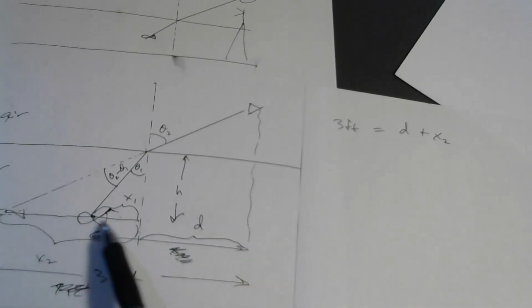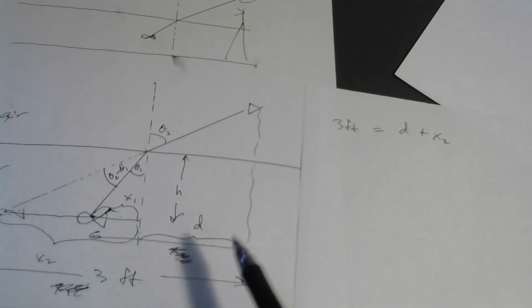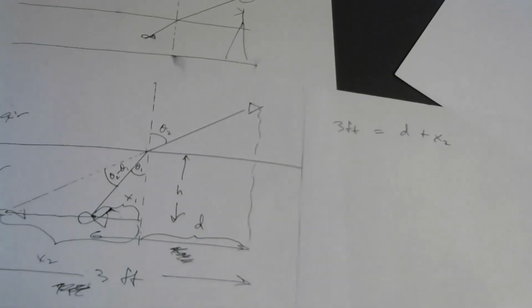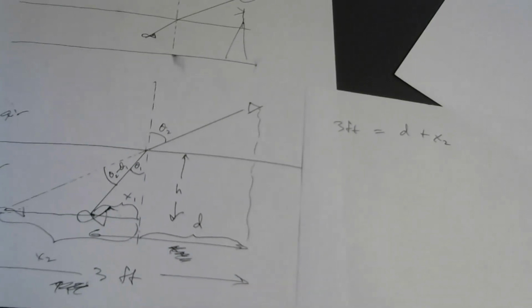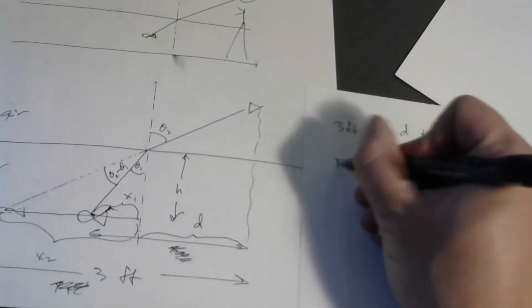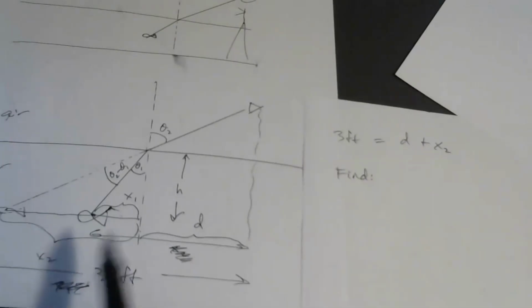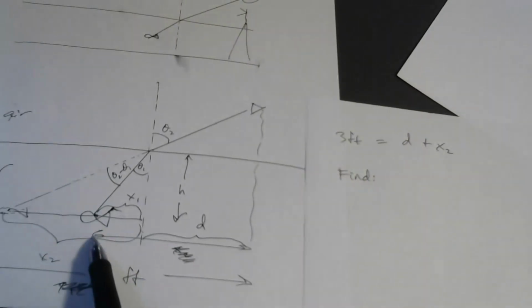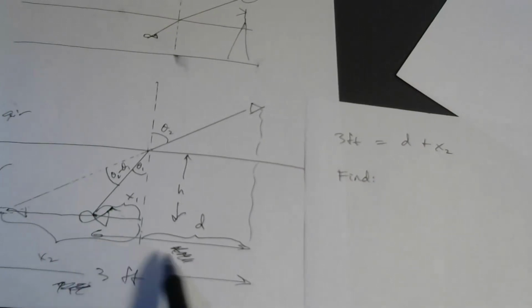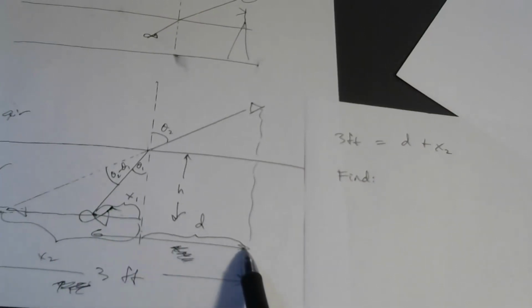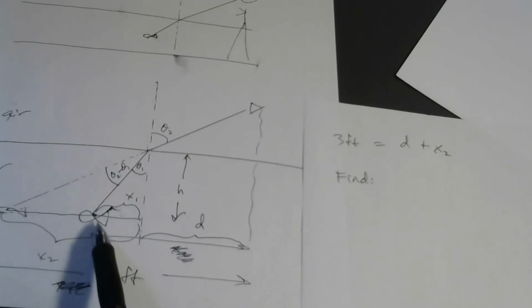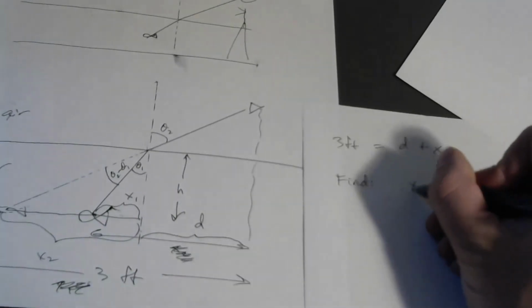And that would be this quantity X2 plus this unknown, unspecified quantity D. All right, and we are interested in this distance. That's from where the fish actually is to where the person is standing. And that would be X1 plus D.